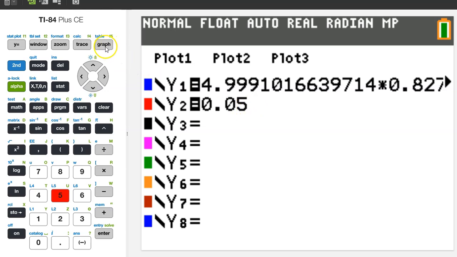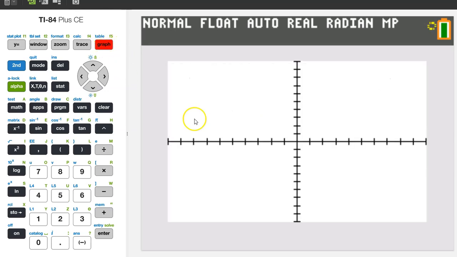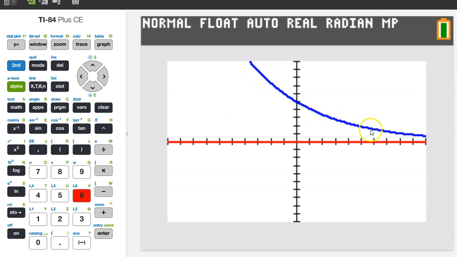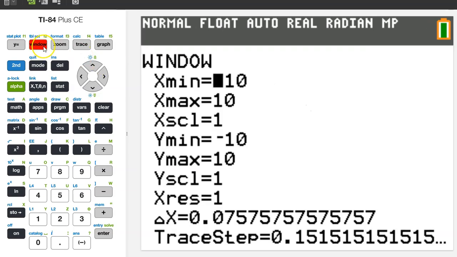So let's hit graph and see what we've got so far. The blue curve is R of t and the red line is y equals 0.05. The intersection point is going to be off the screen to the right. So let's change the window to make x max much bigger. Let's make it 50 and hit graph.